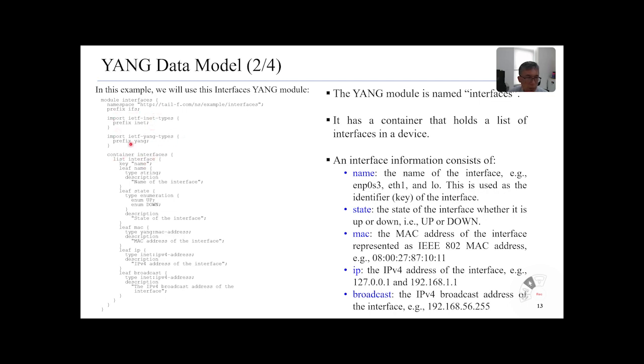With the list type, we can make multiple interfaces within one interfaces container, and we can import data types from ietf-inet-types with the prefix inet, and ietf-yang-types using the prefix yang. Also, the whole namespace is specified, with the example interfaces namespace and the ifs prefix.